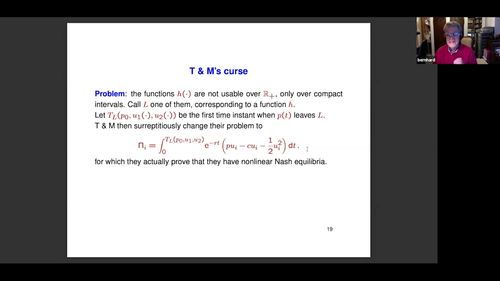This equation is hardly visible in the article. It's not even numbered, so you cannot refer to it by number. But okay, that's the problem that they consider.